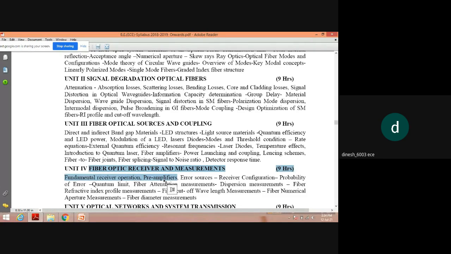All this in terms of theoretical aspects we'll be seeing in unit number 4's second half, and the measurement of them in practice we are going to do in the laboratory.